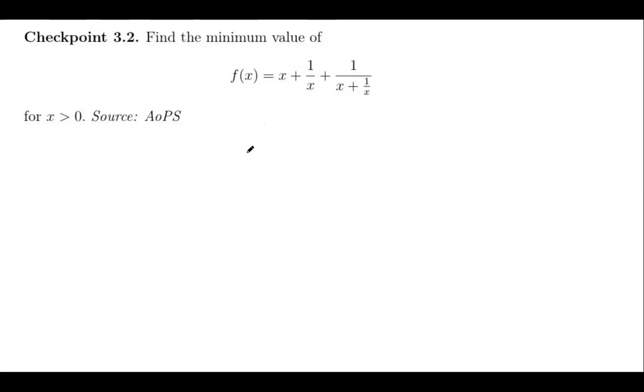So before we do AM-GM, you might be tempted to use x plus 1 over x and 1 over x plus 1 over x as variables. But notice that if that were true, then we would have to have equality, and that would mean that x plus 1 over x equals 1, which does not have any real solutions for x greater than or equal to 0.